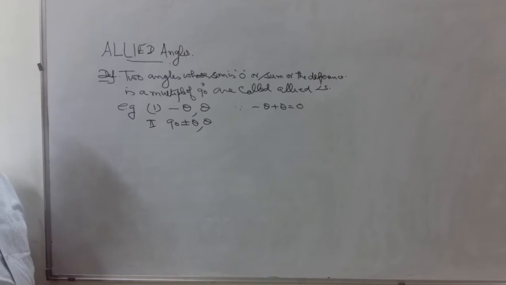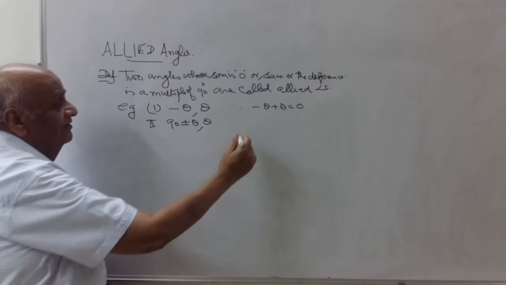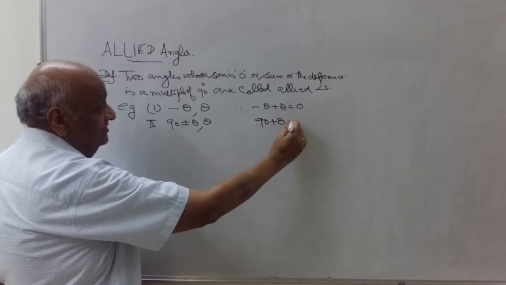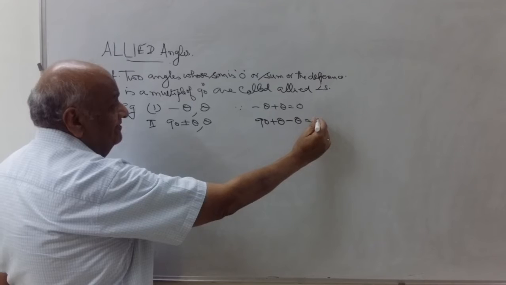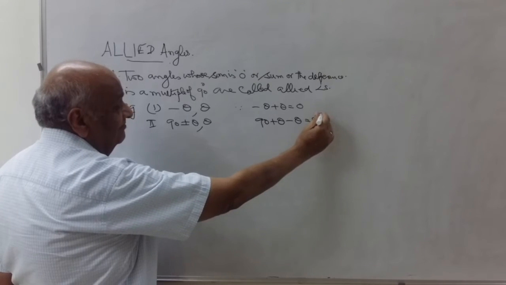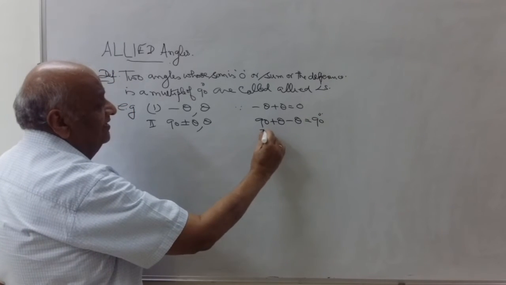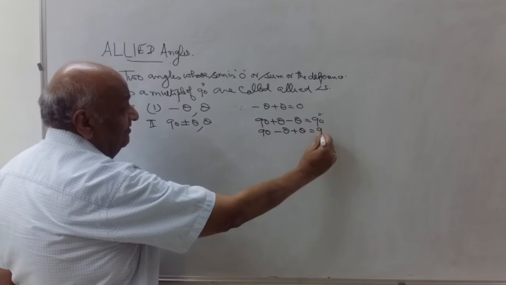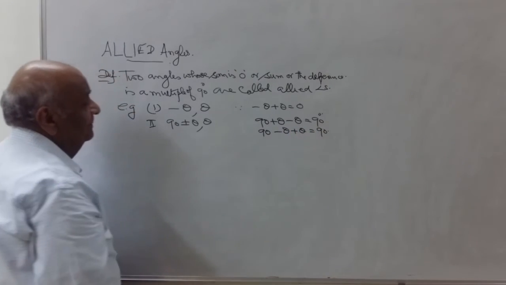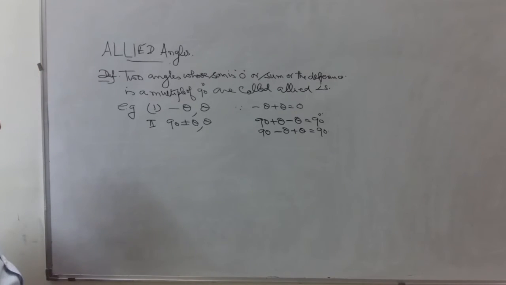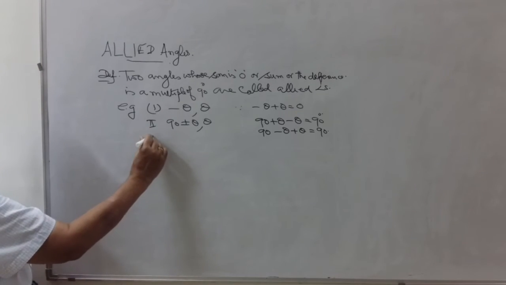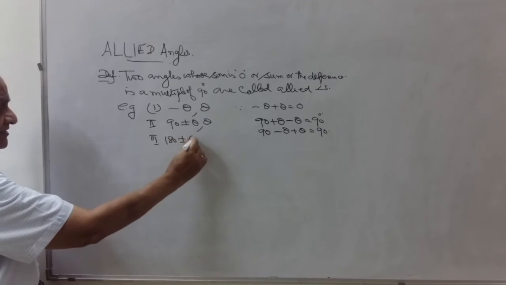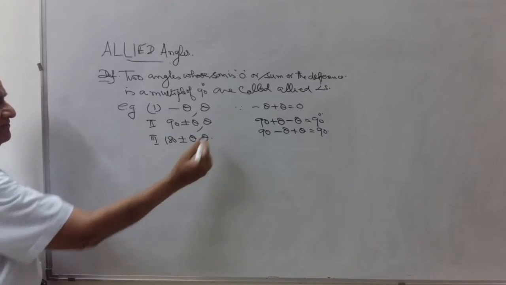They are allied. Why? 90 plus theta minus theta is 90 degrees, and 90 minus theta plus theta is 90. Multiple of 90.